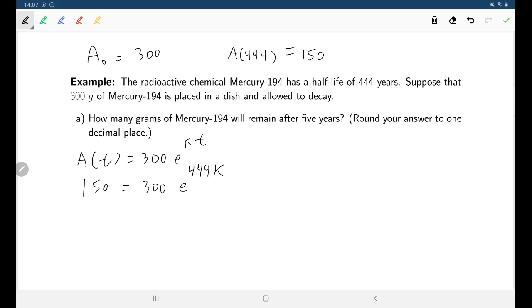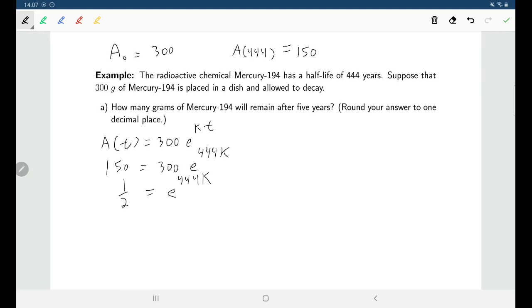And so I can solve for my growth constant k by first isolating my exponential function, divide both sides by 300, and then rewrite as a natural log. And I can solve for k. k should be natural log of a half divided by 444.